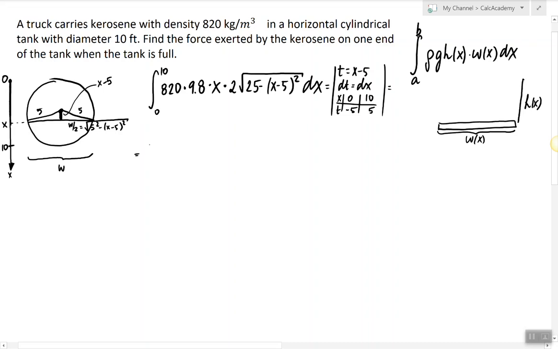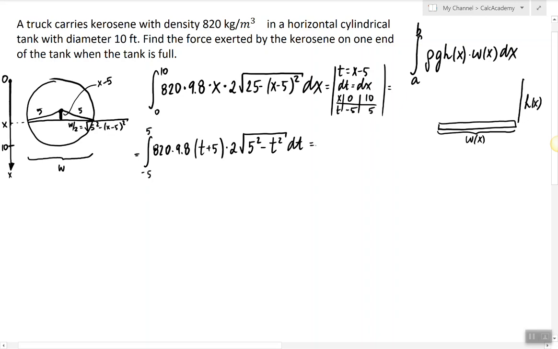The reason we do the substitution is so that now we can recognize that this is just a trigonometric integral, or an integral which can be done by another trigonometric substitution. So here we have (t plus 5) times 2, and here we have the square root of 5 squared minus t squared dt.